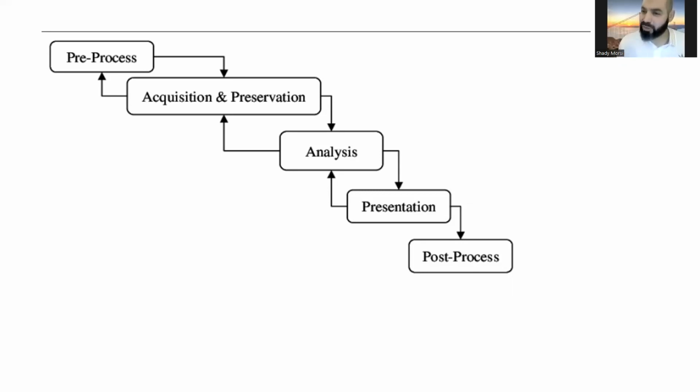Okay, so again, there are many methodologies and many books that talk about methodology and what it looks like, but eventually all the methodologies are the same. You need identification, and then acquisition and preservation. Acquisition means gathering or collecting data, and preservation means you preserve the original equipment or original evidence, because original evidence is important.